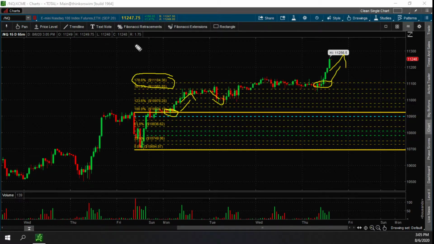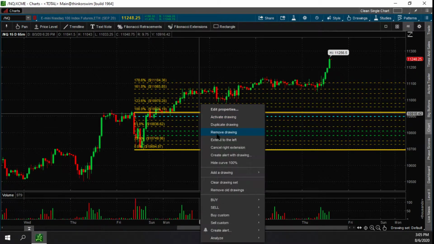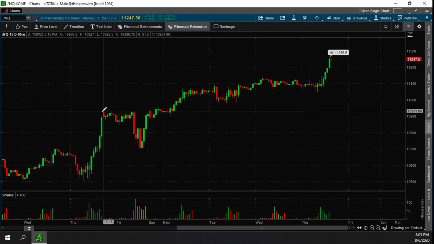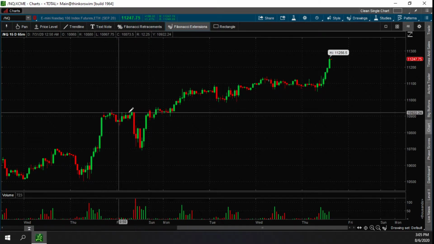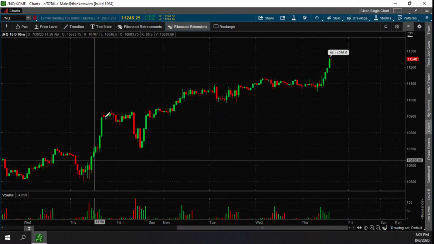So let's get rid of that. And then the extension, you pick 3 points, whichever 3 points you find. You have to find some support and resistance where price got rejected, and it could give you your 3 points.